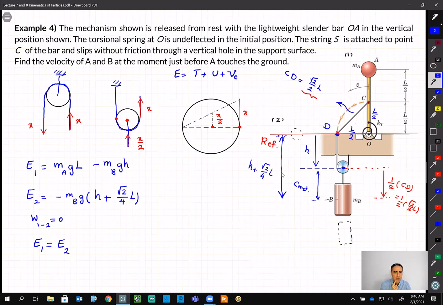Okay. If we are okay with the gravitational potential energy, let's take care of the spring. We have a spring sitting there. Now it rotates 90 degrees. Potential energy for a spring is always positive, and direction doesn't matter. So half of k theta squared, how much? 90 degrees.